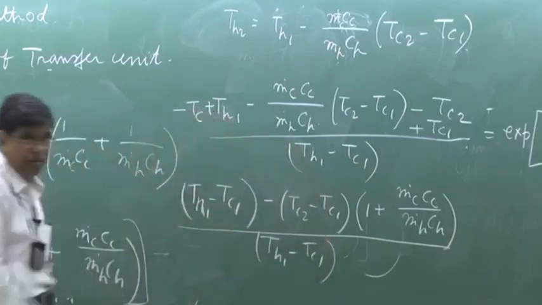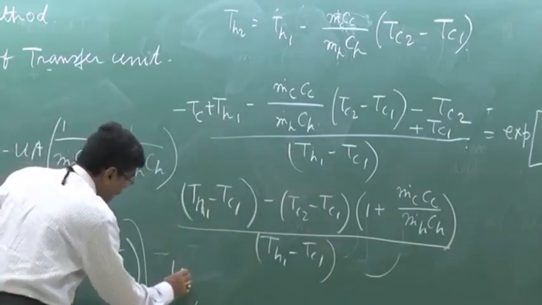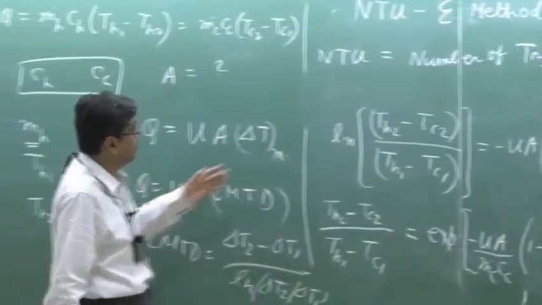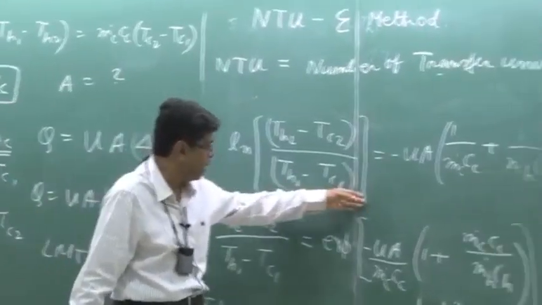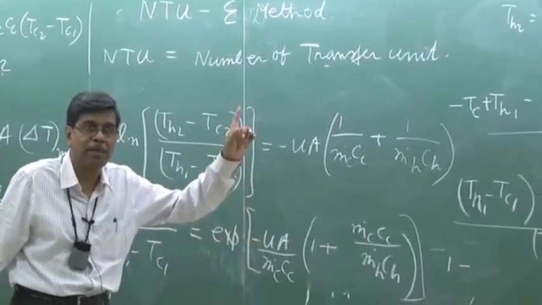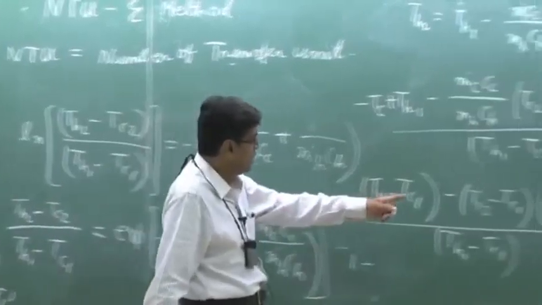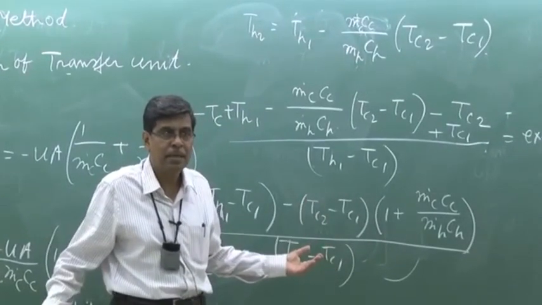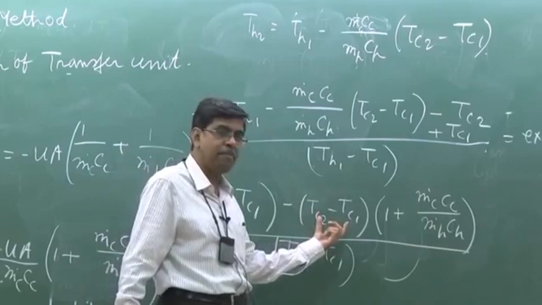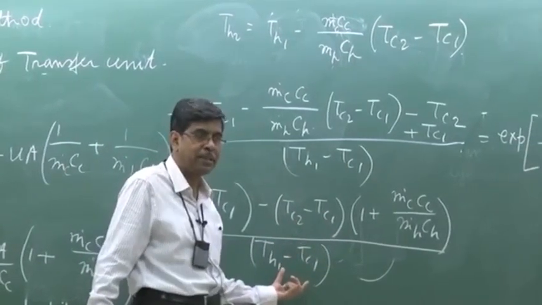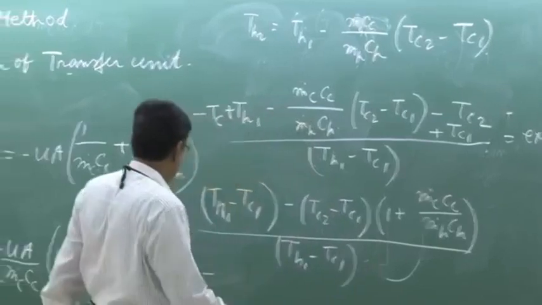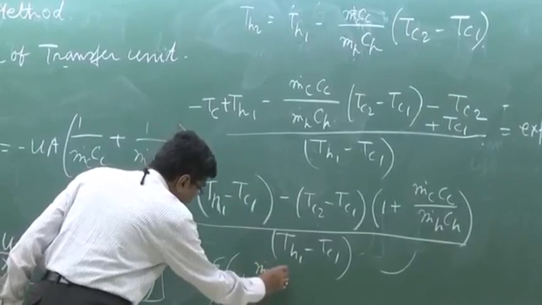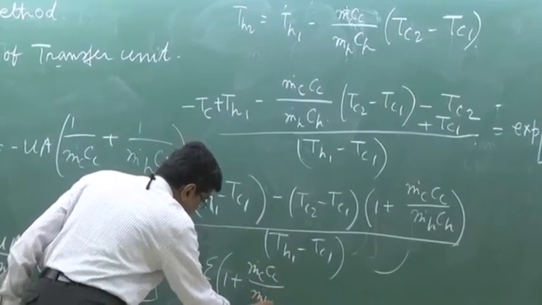Just follow it. Right hand side I am not writing. So this becomes 1 minus, since I have considered from this step that the cold fluid is the minimum fluid, Tc2 minus Tc1 by Th1 minus Tc1 is the effectiveness, epsilon, because it is the change in temperature of the minimum fluid divided by the maximum change in temperature. Clear? So therefore this will be 1 minus epsilon into 1 plus m dot cCc divided by m dot hCh.